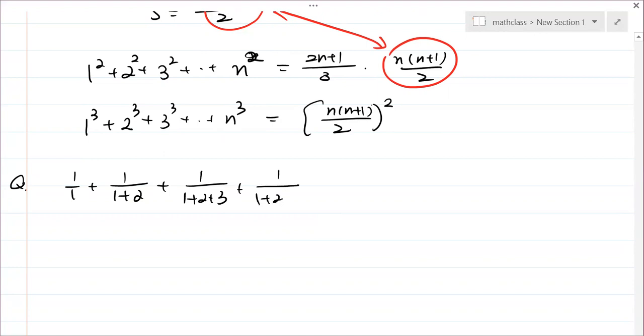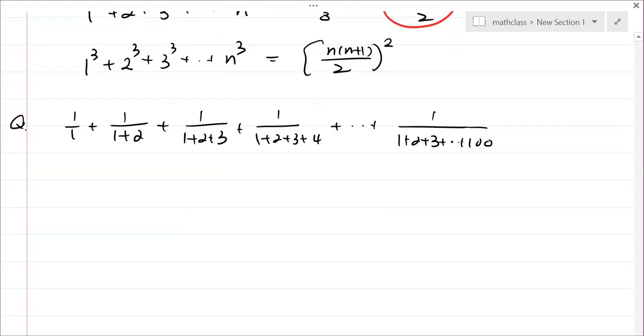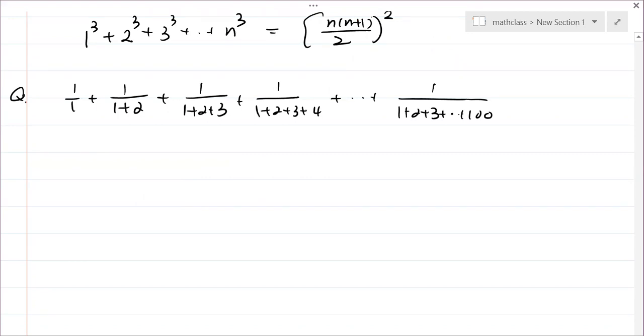1 plus 2 plus 3 plus 4. Okay, let's try this. It's not a product, but that's fine. You see that an arbitrary term here actually turns out to be a product of consecutive numbers.